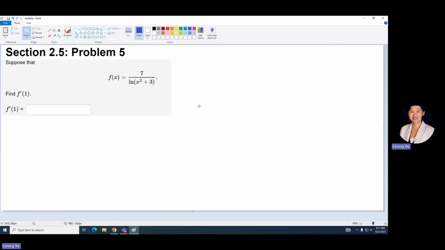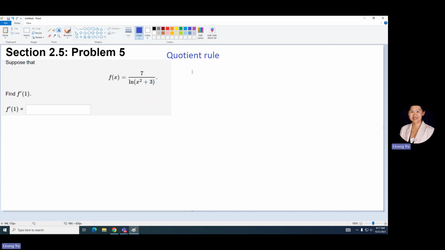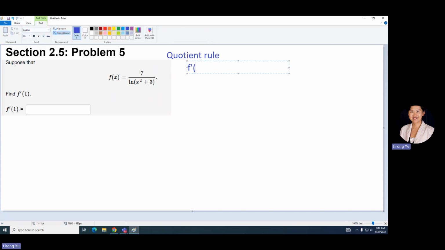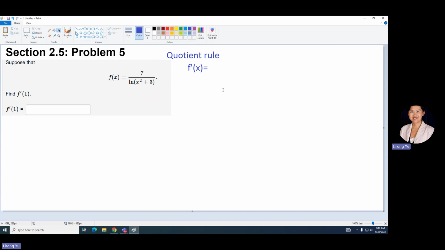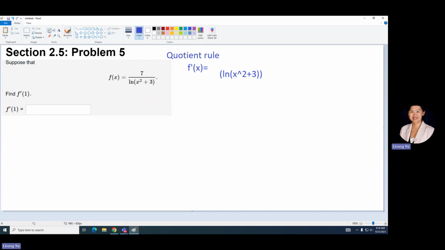So let's say we're using the quotient rule. That is, we are not simplifying the function. According to the quotient rule, we are supposed to square the denominator, which is going to be ln of x squared plus 3, and that is being squared on the outside.